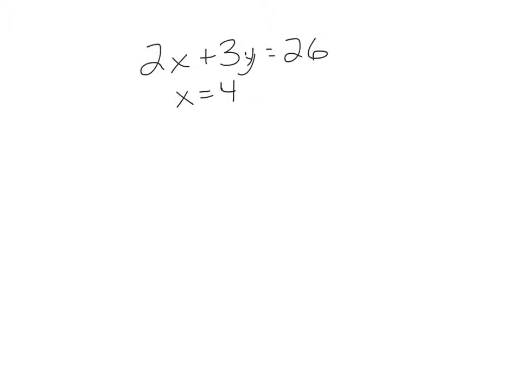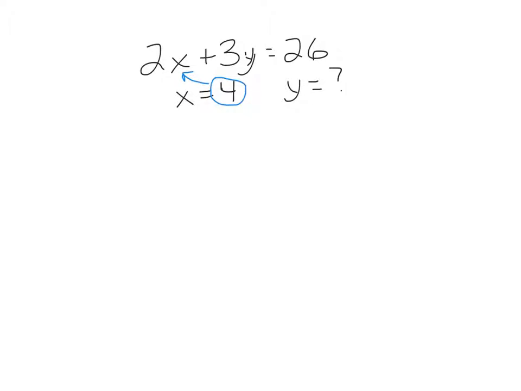If x was equal to 4, the question is, what does y equal? In order to find the answer to that question, what I need to do is put 4 where the x is into the original equation and then solve it.